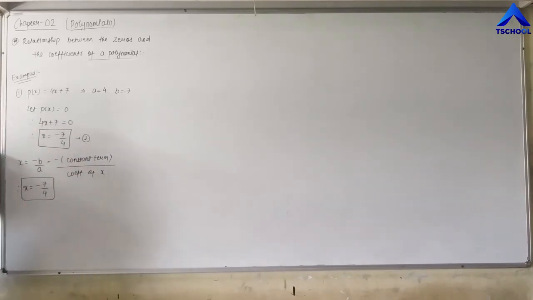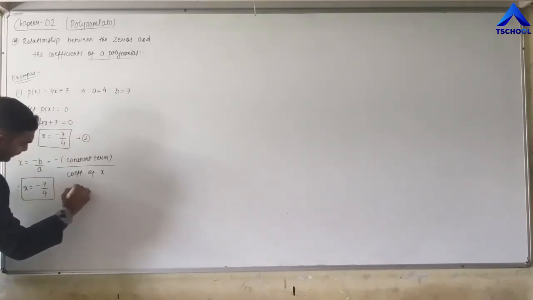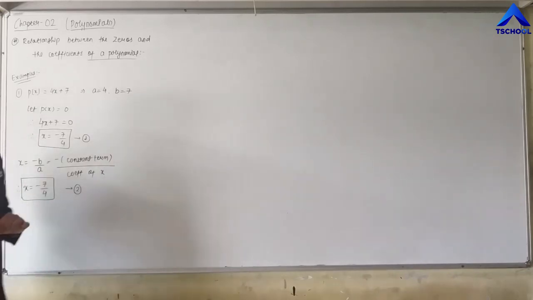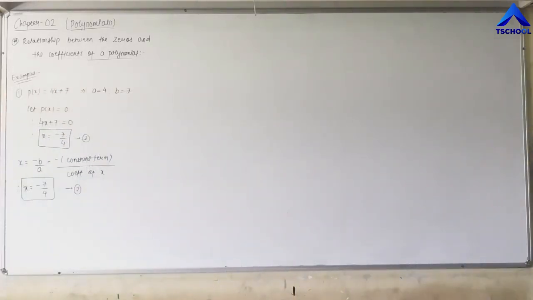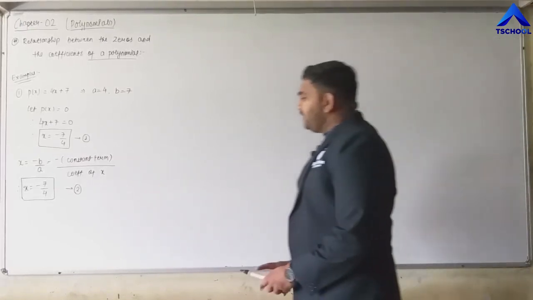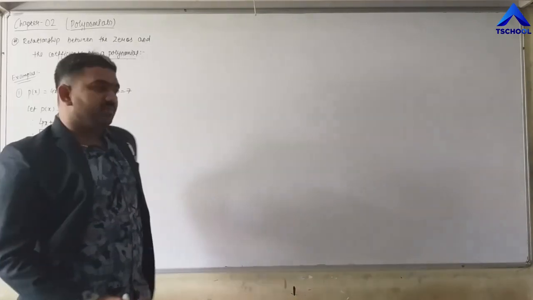Note that both the values are the same. The first one is the zero of the polynomial, and the second one comes from the coefficient of the variable and the constant term in the polynomial. So we got x equals minus 7 upon 4.